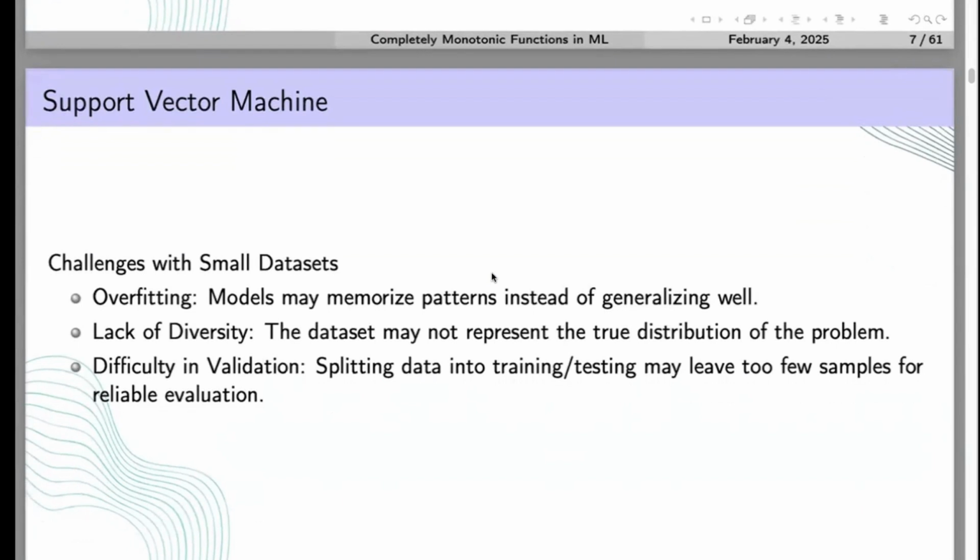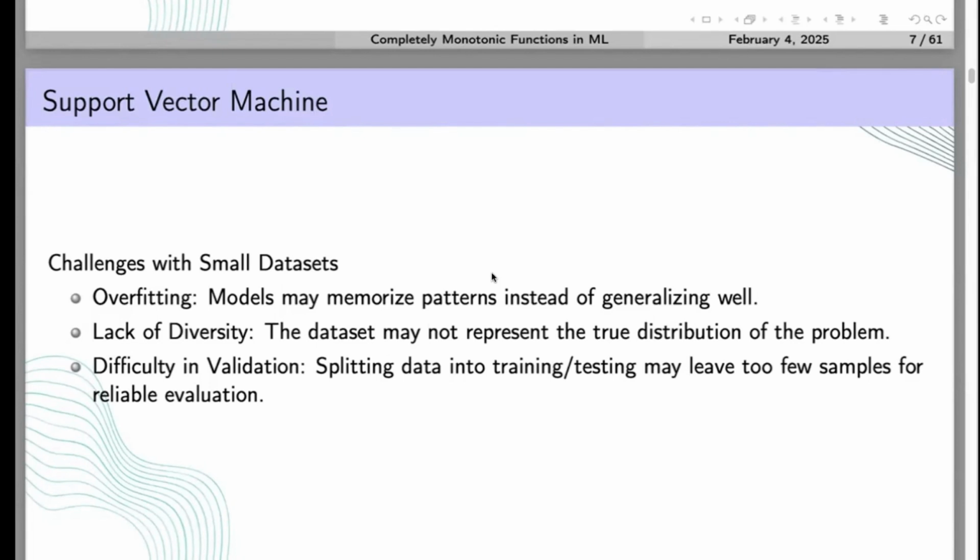Now, people generally think that data science always has very big amounts of data, but many practical applications have small data sets. And here we focus on the small data sets.